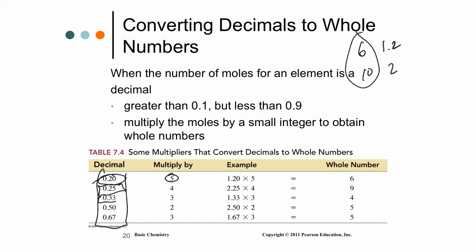If it's 0.33, multiply by 3. If it's 0.5, you multiply by 5. Okay. If it's 0.67, which is 2/3, 0.67 times 3 will give you a 2. Okay, and then you would multiply the other one by 2 as well.